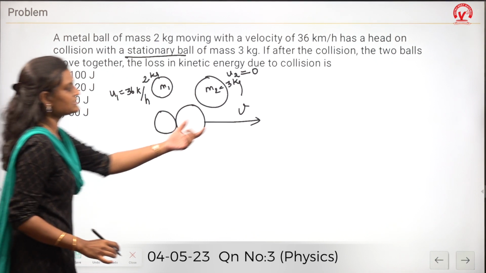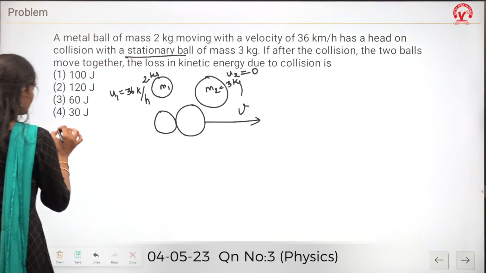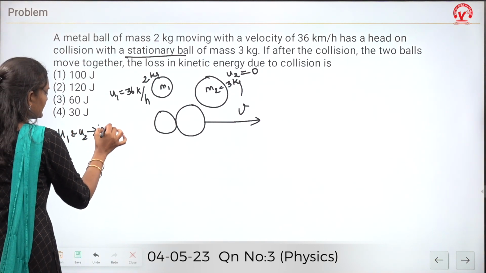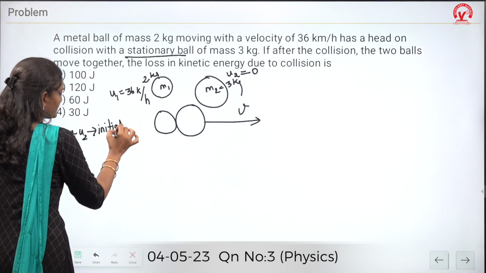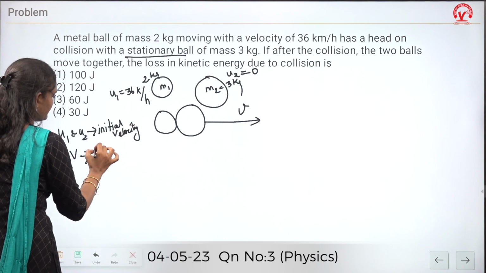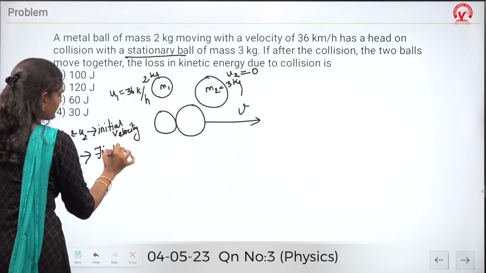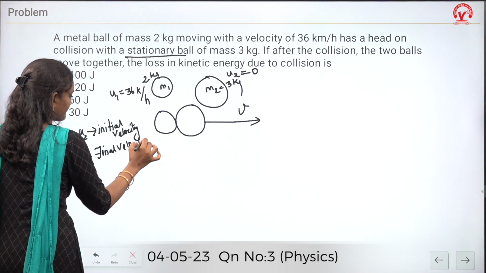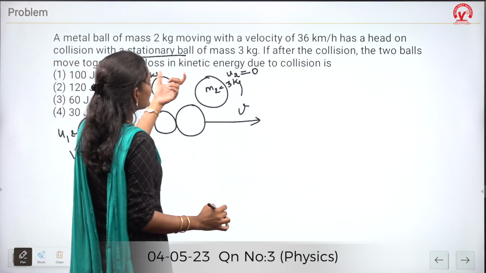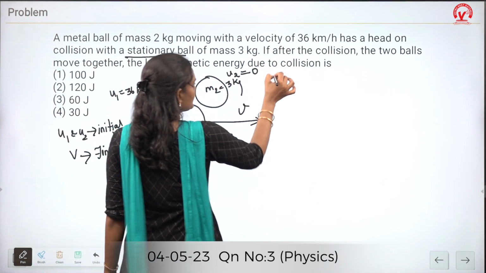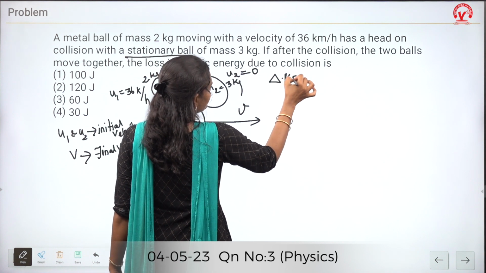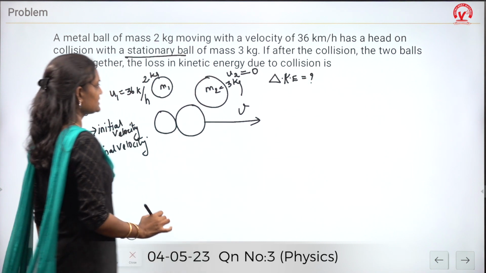So the final velocity I am representing as V. Here U1 and U2 represent the initial velocities and V represents the final velocity. Our aim is to calculate the loss in kinetic energy.